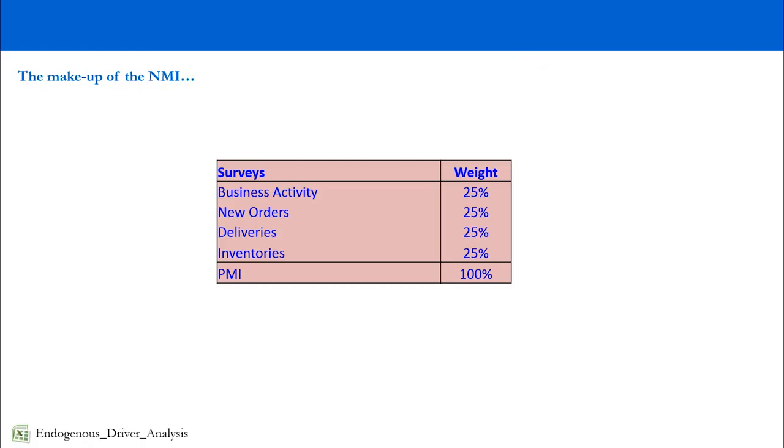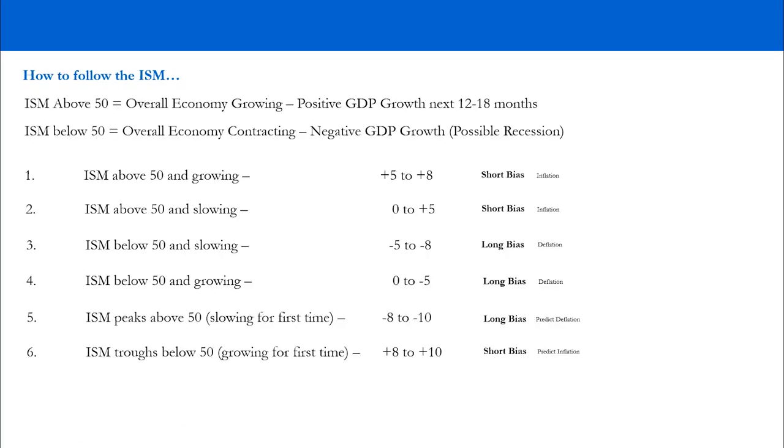The NMI is slightly different to the ISM in terms of its makeup. There are 4 areas that we look at: business activity, new orders, deliveries, and inventories. There's a 25% weighting given to each area, and that creates the composite PMI for the non-manufacturing index, which is what we're really interested in.